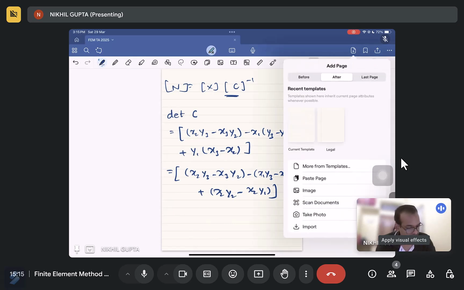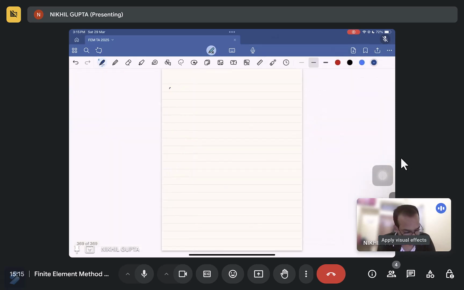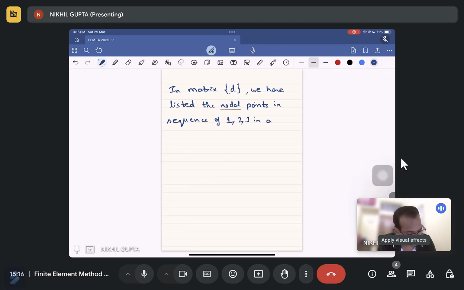So what we can say, in matrix D, which has the different degrees of freedom, we have listed the nodal points in sequence of 1, 2, 3 in anti-clockwise direction.